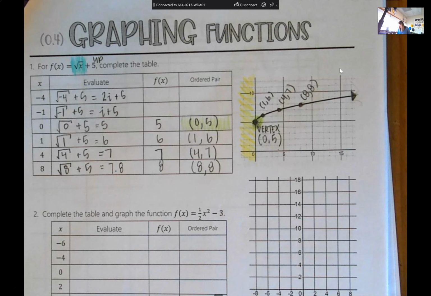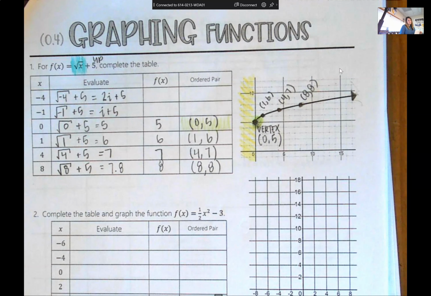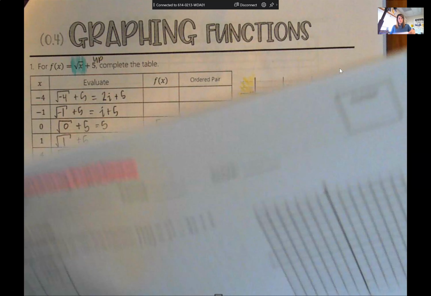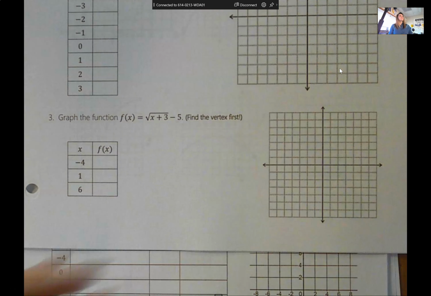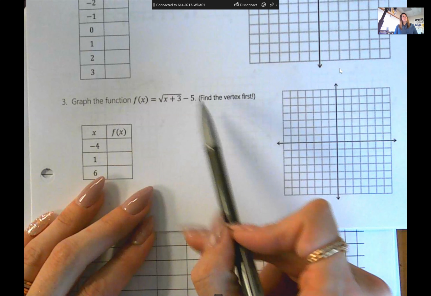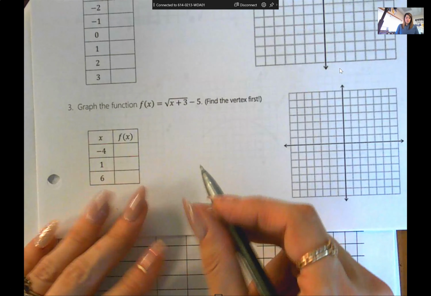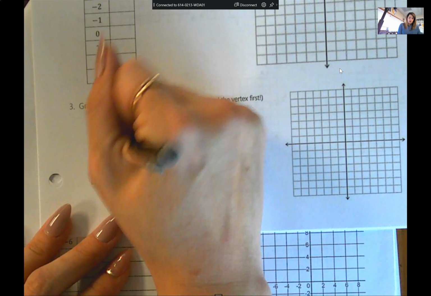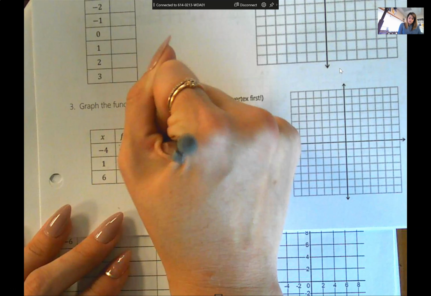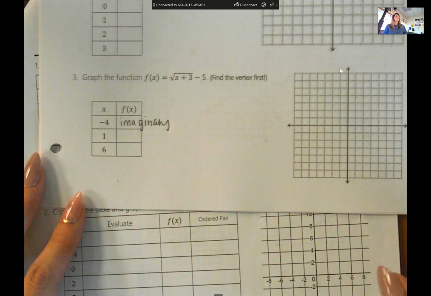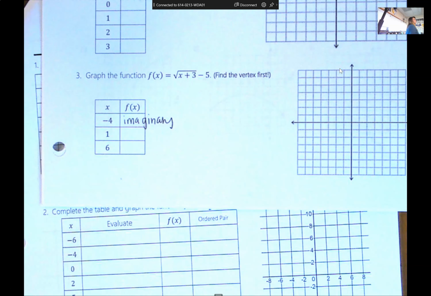So I believe this is the pink quiz. And number 3 is the same kind of function. So first of all, you don't need to plug in -4 because it's going to be imaginary.